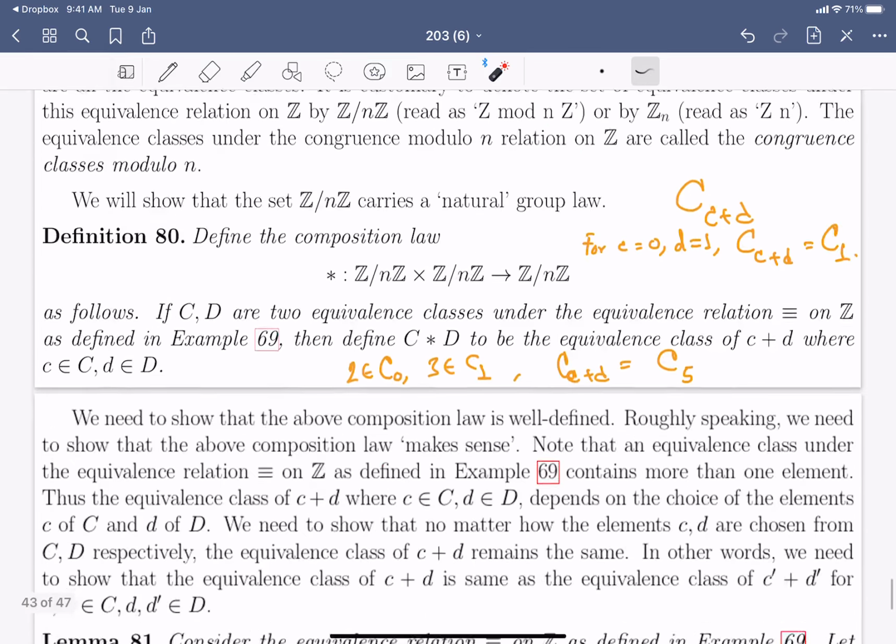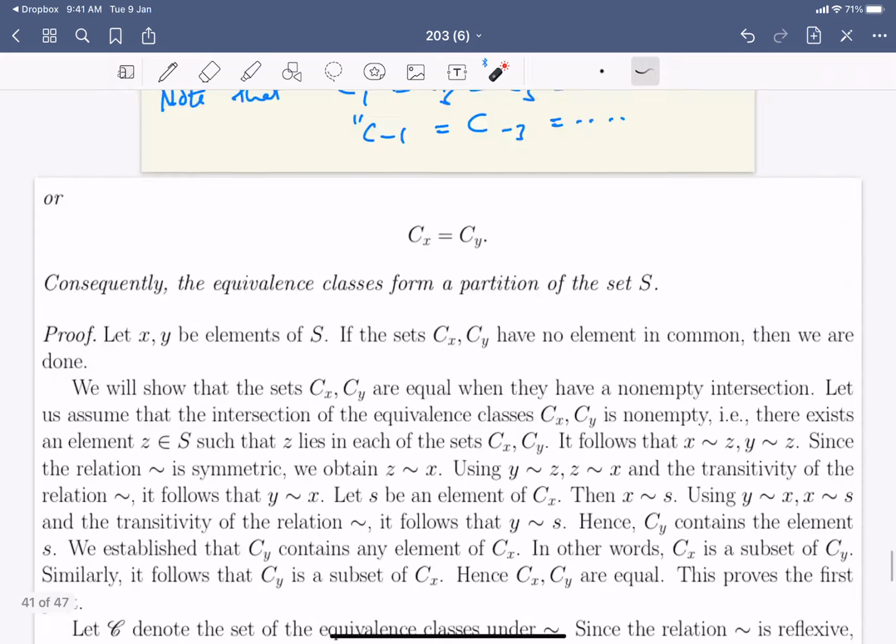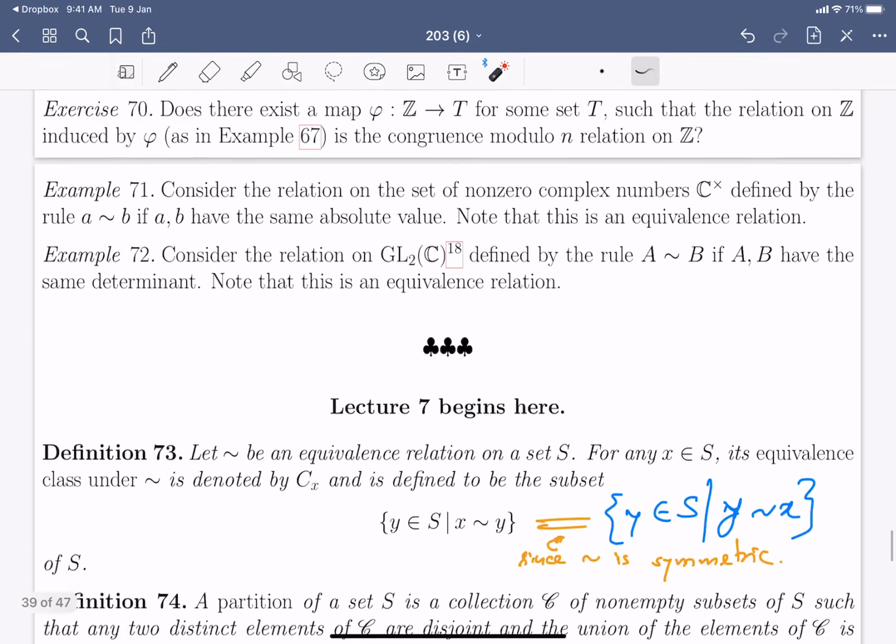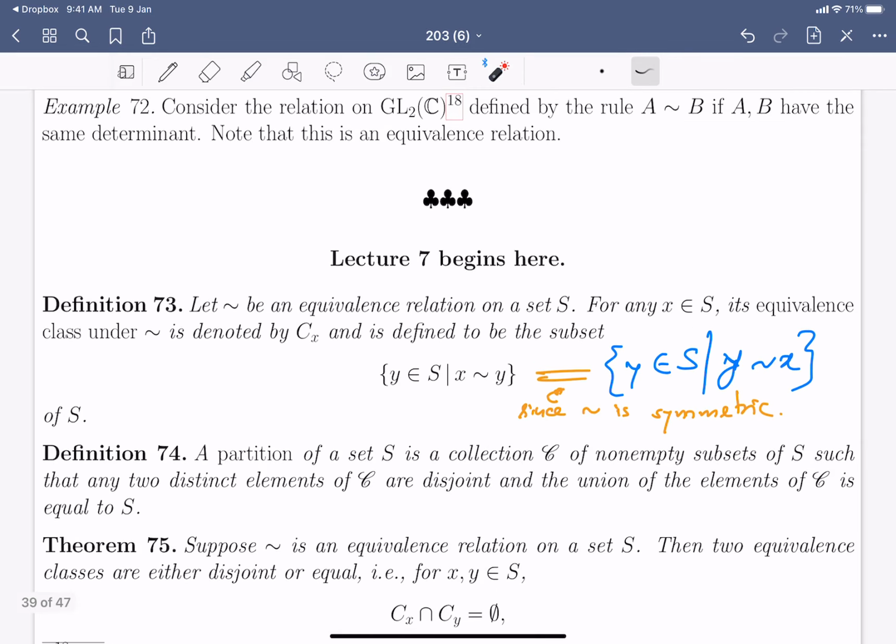Maybe I should add it as an exercise. It's again a one sentence long exercise. Let me just try to explain it here, because this is the place where we had this equivalence relation. If you pick two elements y1 and y2 from one equivalence class of x, what we know is that x is related to y1 and x is related to y2, right?